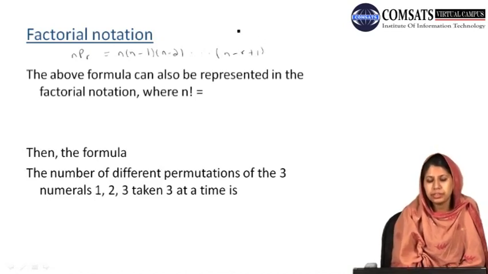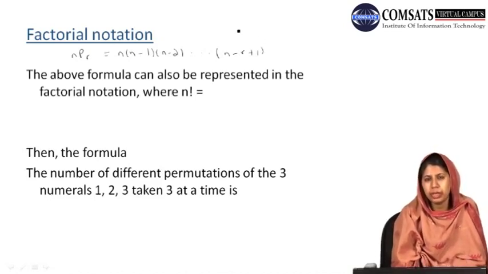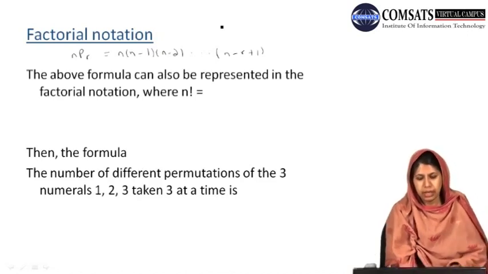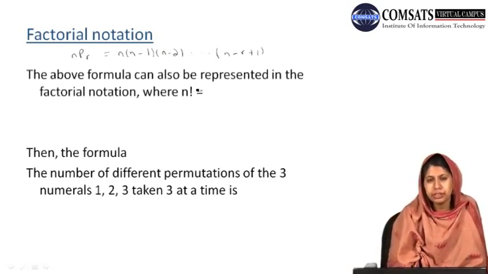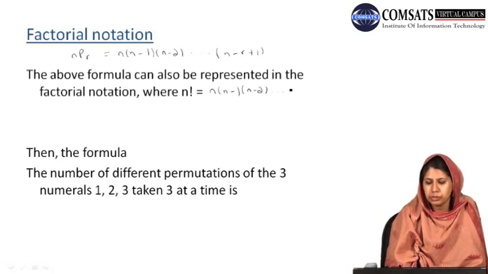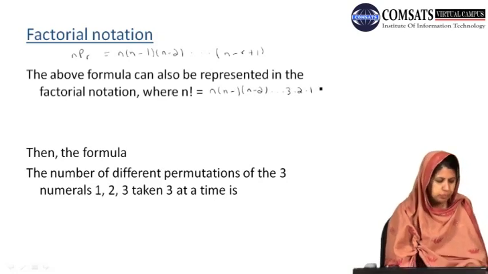Then we can also write this permutation formula by using the factorial notation. How? By using the factorial notation, we mean that n factorial is the product of n, n minus 1, n minus 2, and so on up to 3 into 2 into 1.